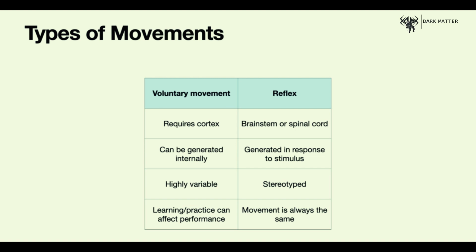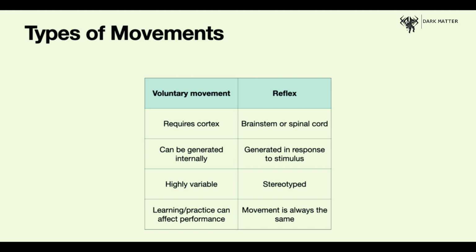However, reflexes do not require consciousness, so they typically arise from lower order structures like the brainstem or even the spinal cord. Voluntary movement can be generated internally, for example, secondary to a desire to do something, while reflexes are always generated in response to a specific type of stimulus.